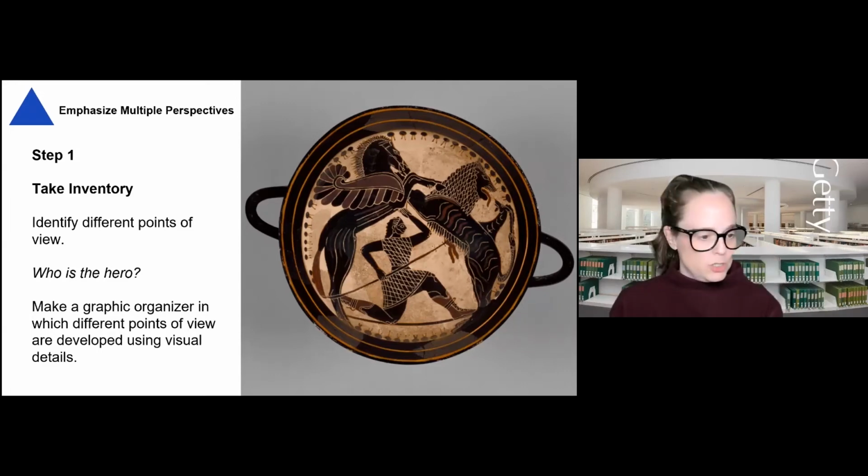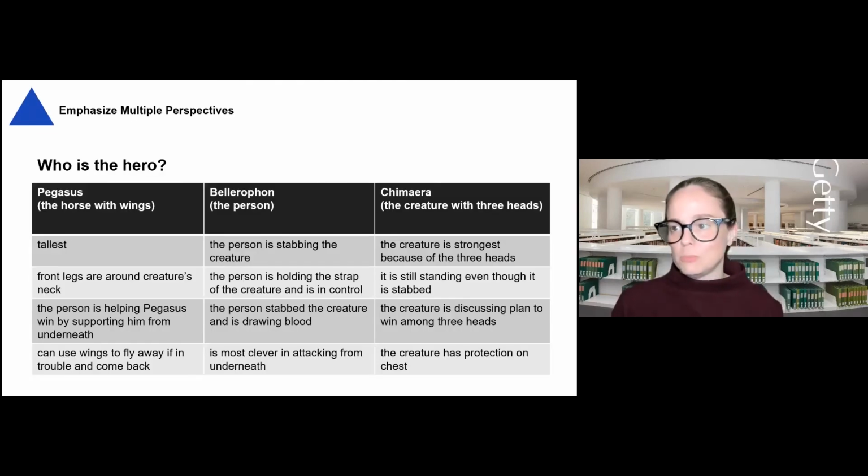So what you would do is you could put this up on the board or hand out a graphic organizer that basically has a list of why you as a group think that each character might be the hero. And you could invite students to offer their ideas for which one they think, and then you record those answers.